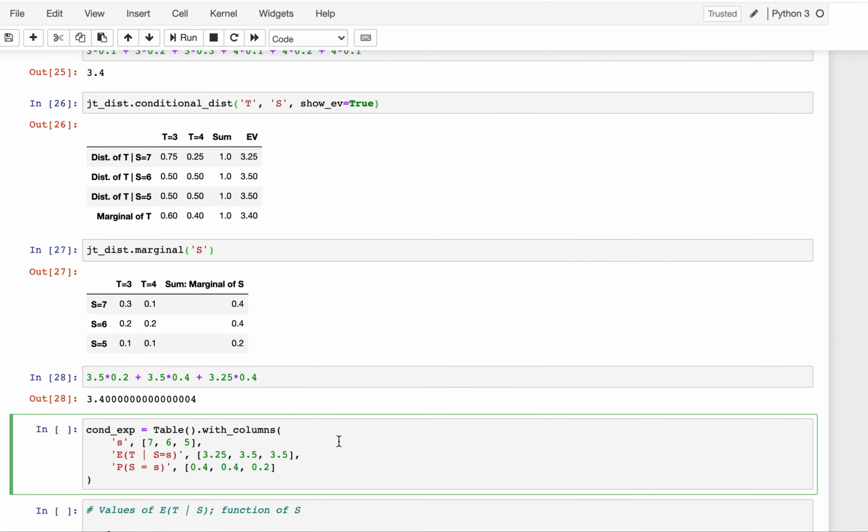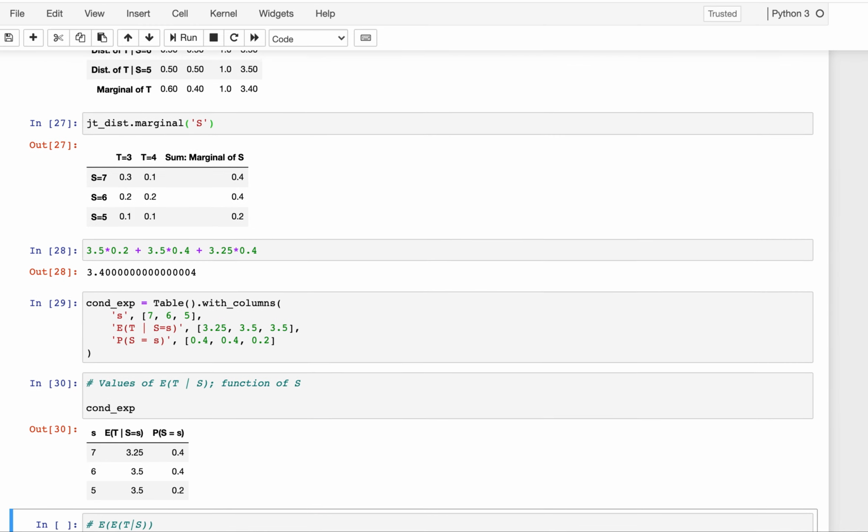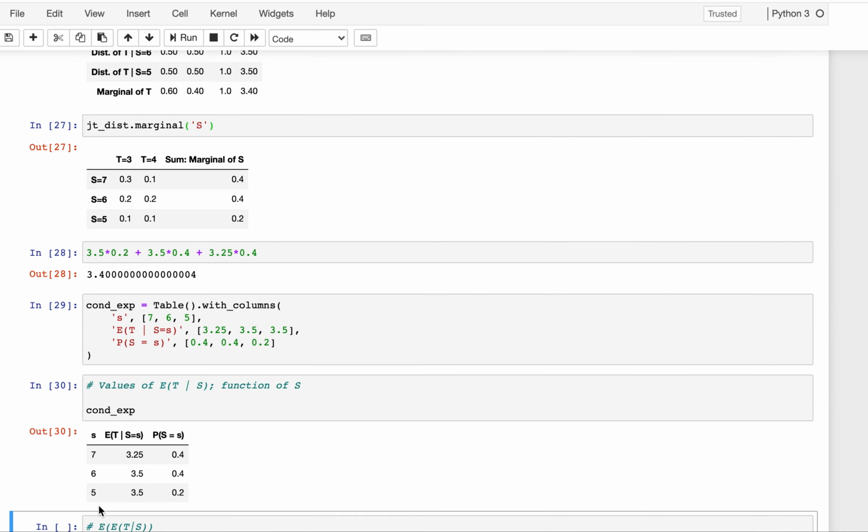If you write that out cleanly as a table, then you notice something. For every given value of s, you have this group mean. In other words, you have a function of s. And you have here the distribution of s.